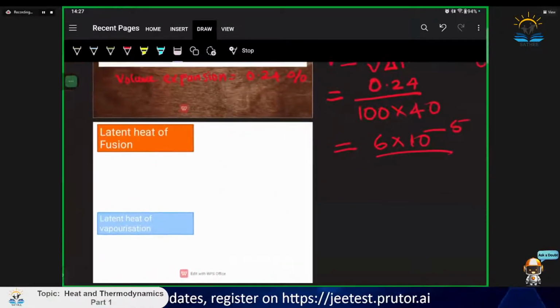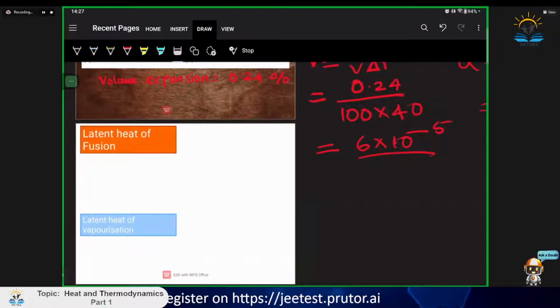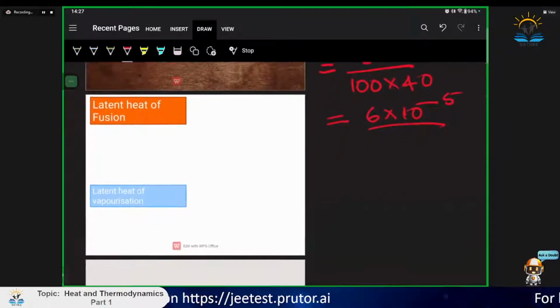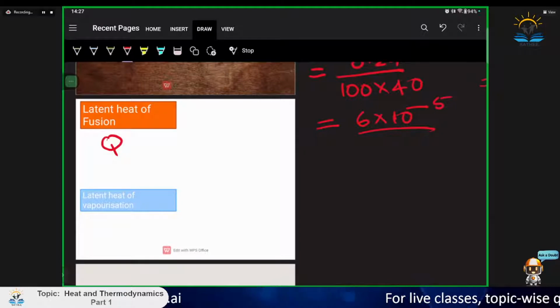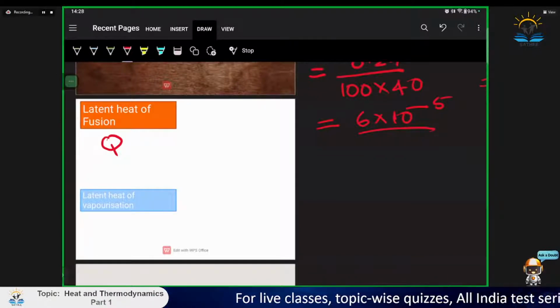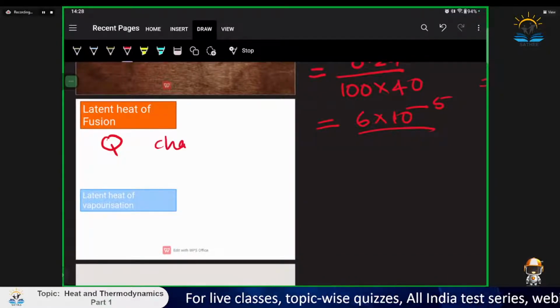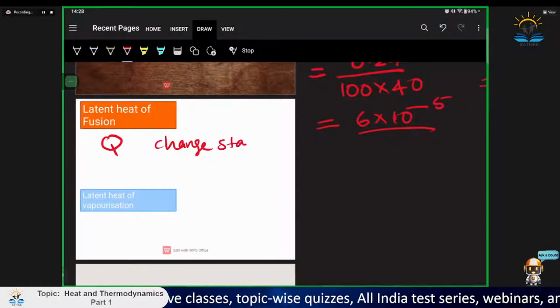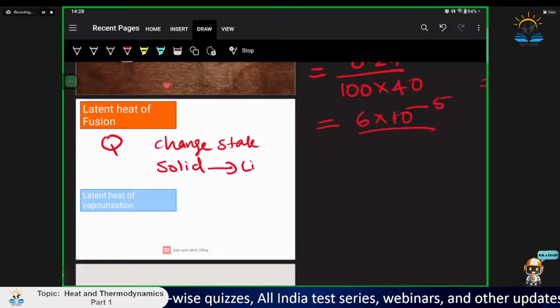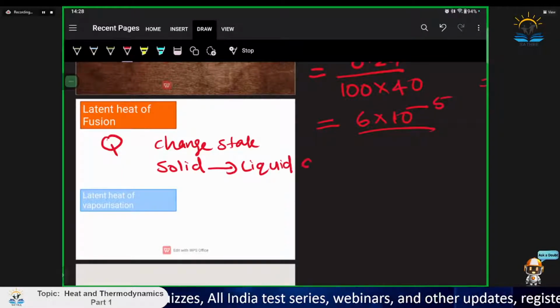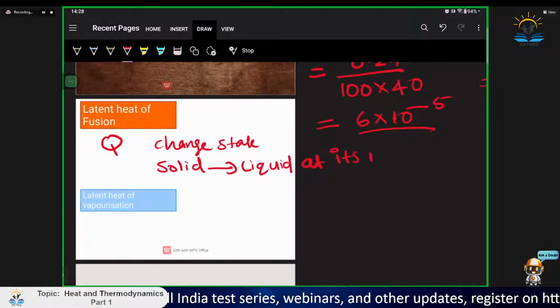When we see what is latent heat of fusion, this is important actually. What is latent heat of fusion? Latent heat of fusion means it is the amount of heat required to change the state from solid to liquid at its melting point.